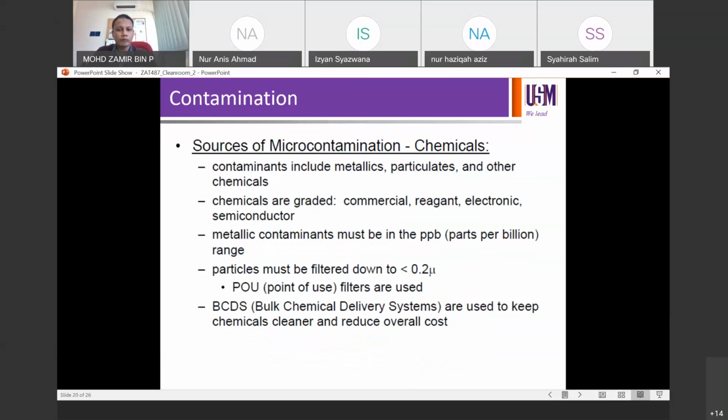Okay, it won't work. Chemicals are another potential cause of contamination. Chemicals may have metallics, particles, and other chemical traces, if you like. So we use a lot of chemicals. We're going to see later on in our processing.